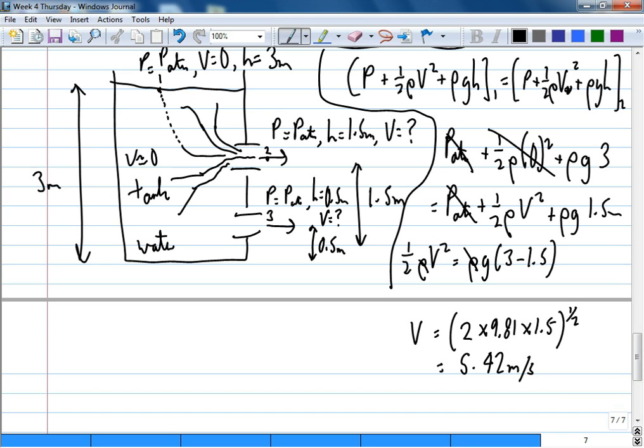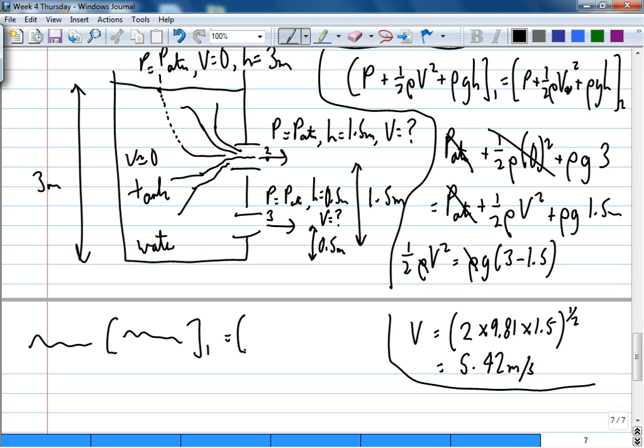Actually, you can do the same analysis for the second point. I'll leave you to do that one. You go through the same steps. The only difference is instead of 1.5 meters, it is 0.5 meters.